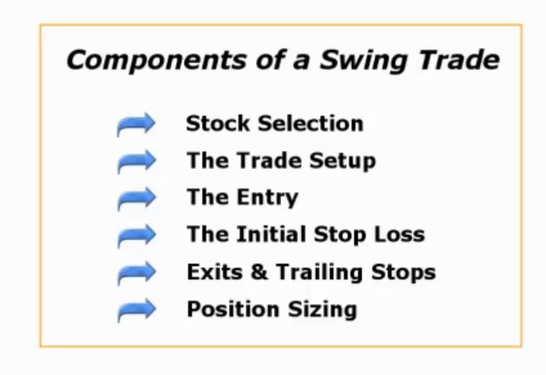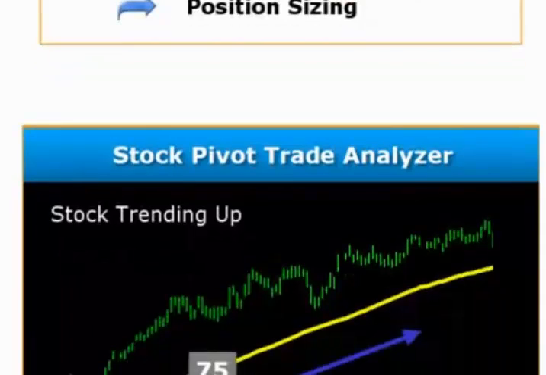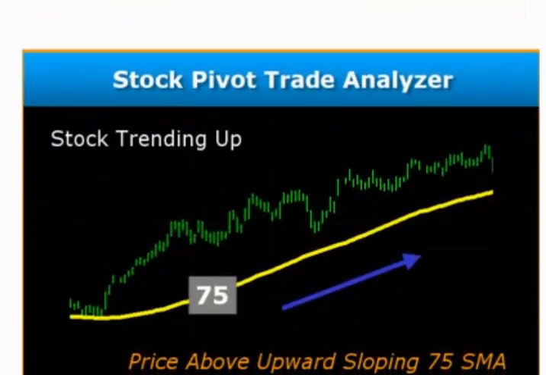All right, and there's probably some other things too, but those are the basics that you've got to keep in mind in the process. Swing trading is a process, and as your trade develops, you've got to move on to the next phase and understand the implications. All right, we're just getting some of the basics out of the way here real quick before we get into the cool stuff.